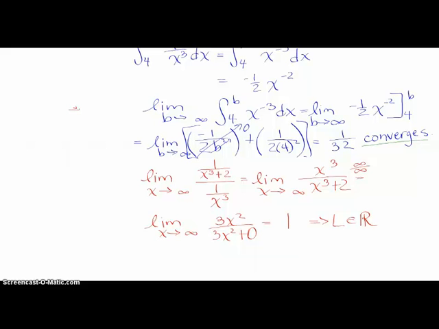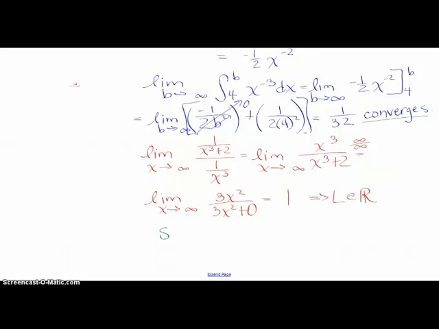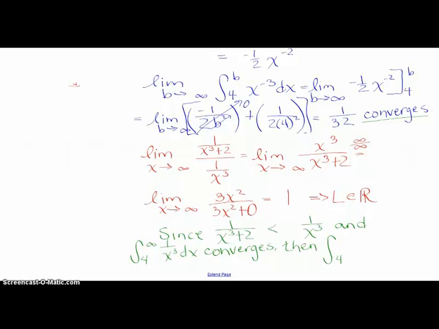So this result says, since 1 over x cubed plus 2 is smaller than 1 over x cubed, and the integral from 4 up to infinity of 1 over x cubed dx converges, then the integral from 4 up to infinity of 1 over x cubed plus 2 dx must also converge.